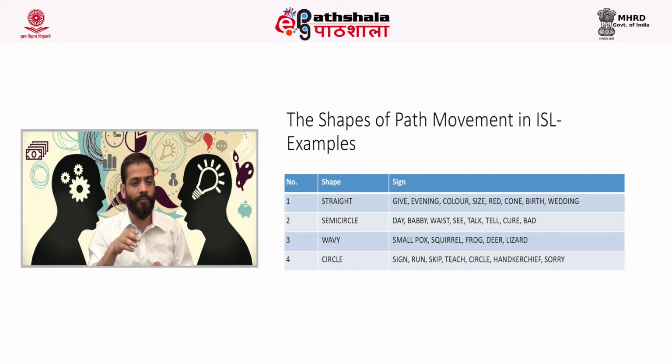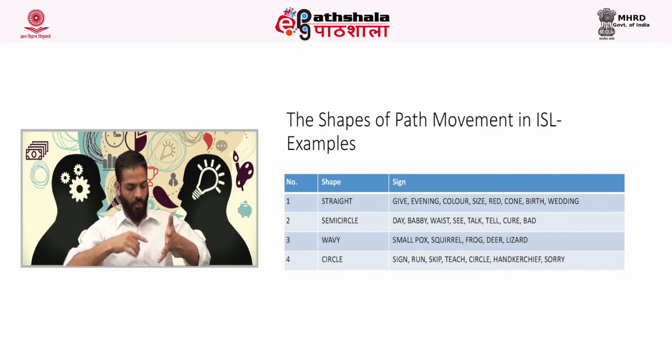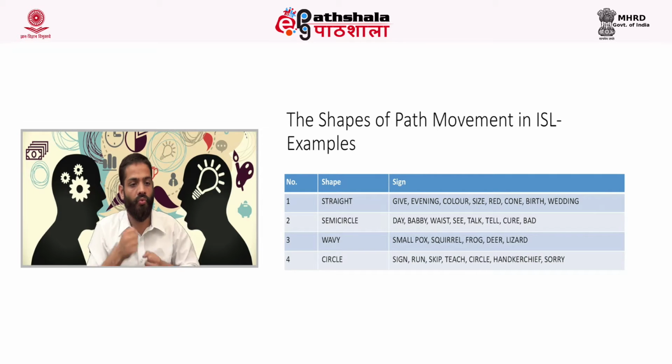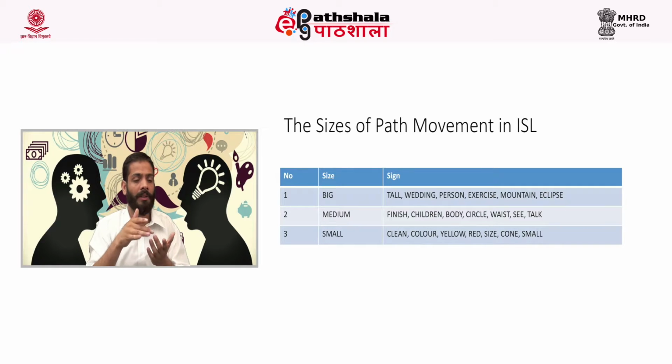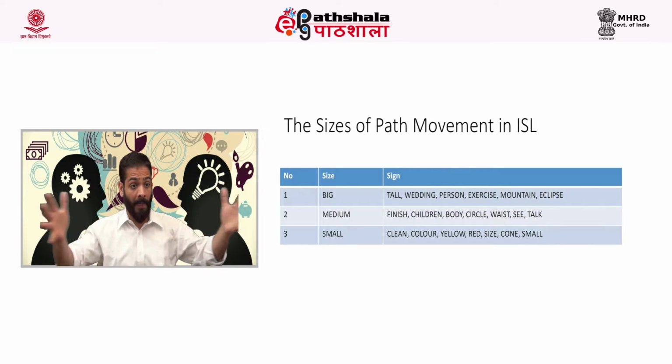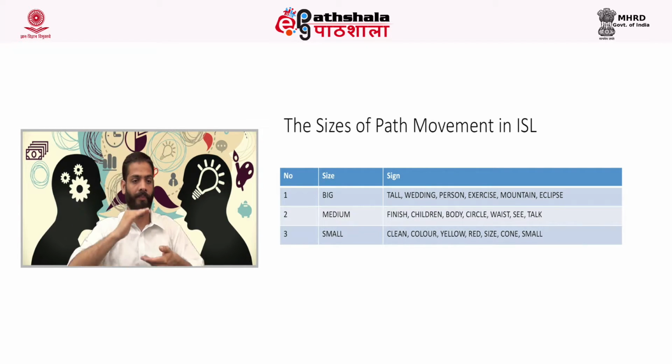The next path movement would be wavy. For example, squirrel, frog, lizard, lady's finger, etc. The next is circle, like run, skip, sign, teach, etc. In terms of the size of the path movement, the size could be big, medium, small.